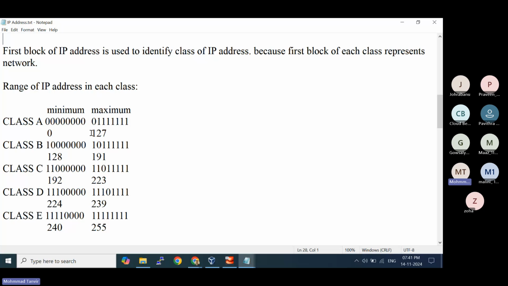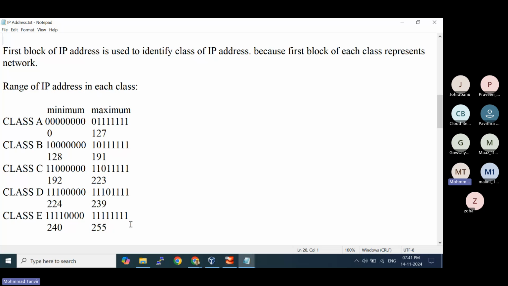When we convert these values into the decimal number system, class A is 0 to 127, class B 128 to 191, class C 192 to 223, class D 224 to 239, and class E 240 to 255. So this is the range.